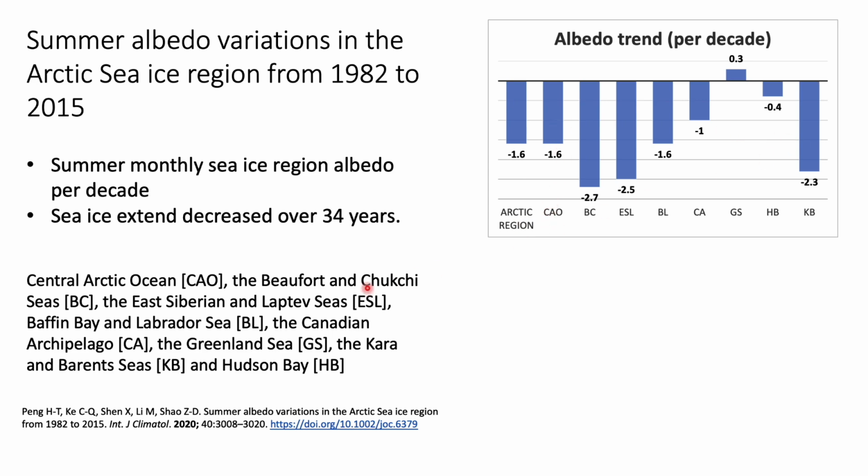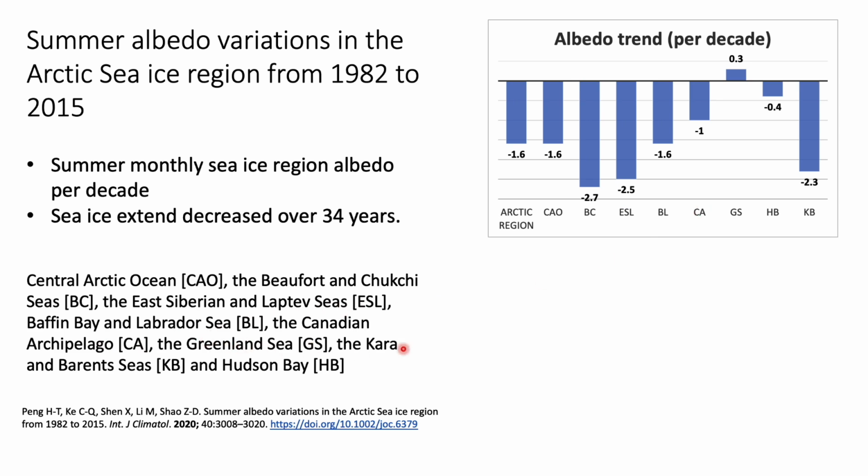The CAO is basically the Central Arctic Ocean, and then we have the Beaufort and Chukchi Sea area, given as BC, and East Siberian and Laptev Sea is given as ESL. Then Baffin Bay and Labrador Sea is given as BL, and then Canadian Archipelago is given as CA.